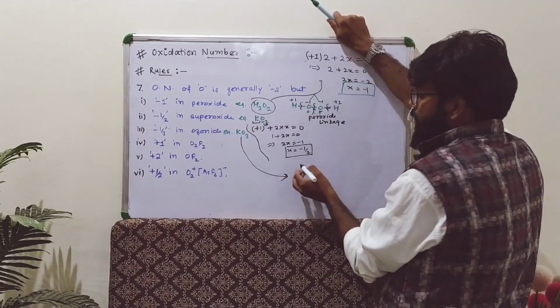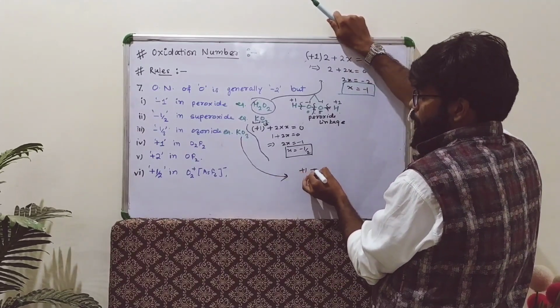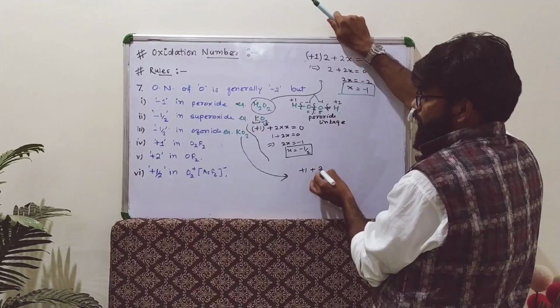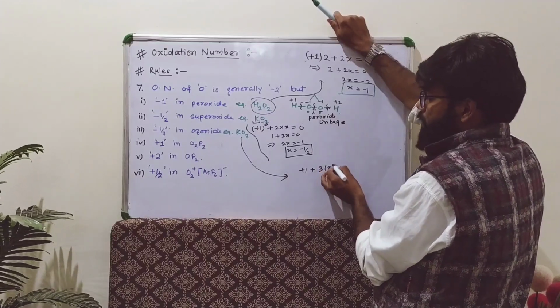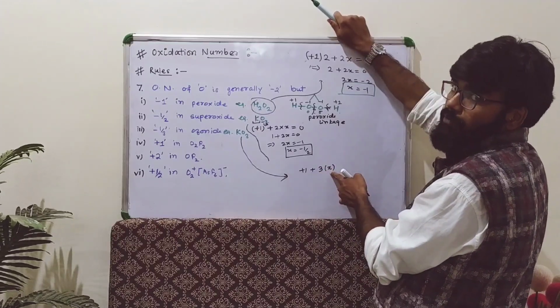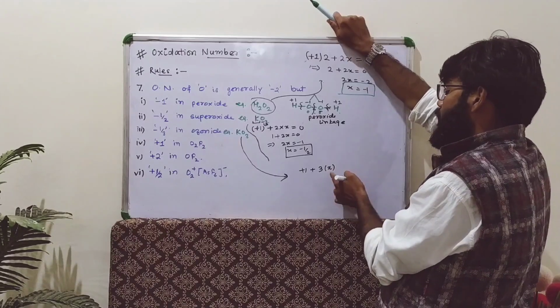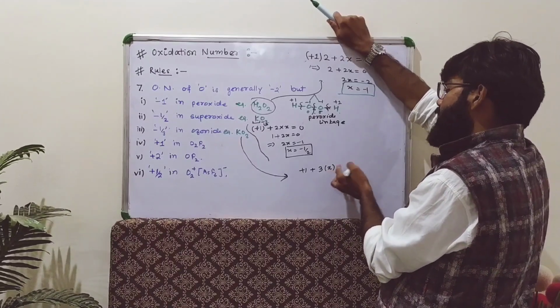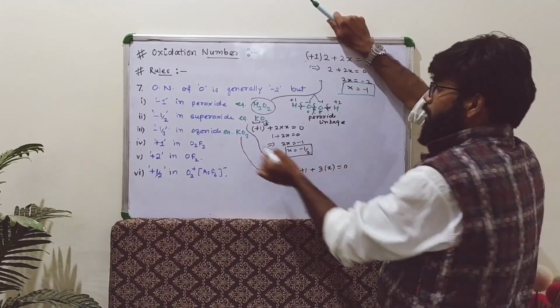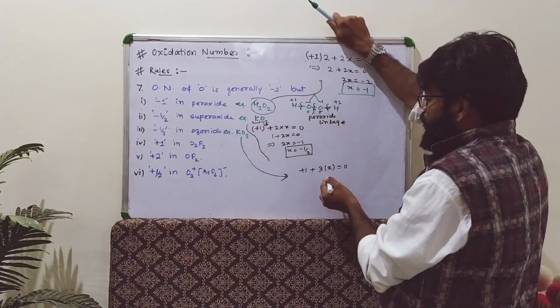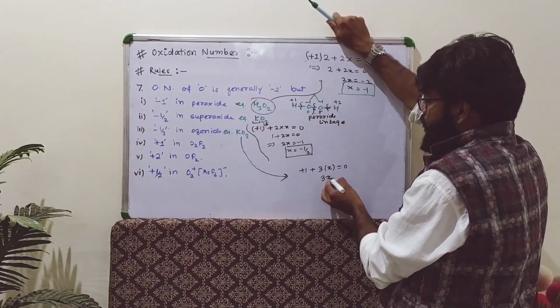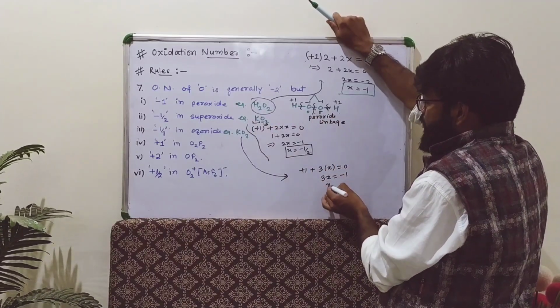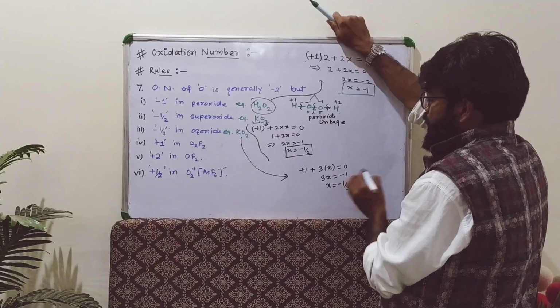For potassium, always +1, plus coming to the next atom, 3 atoms are there, 3 into X, because we are going to find it for oxygen. So we have assumed it as X, equal to 0 because there is no charge on the whole molecule. So here 3X is equal to -1, X is equal to -1/3.